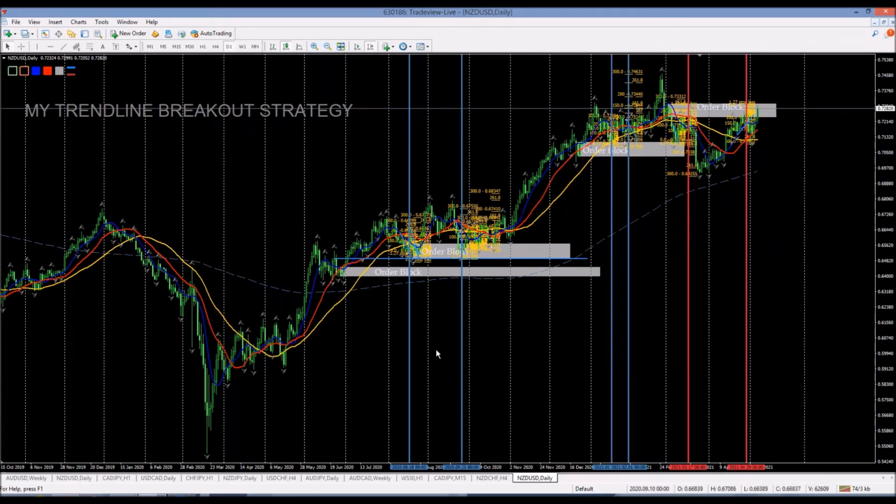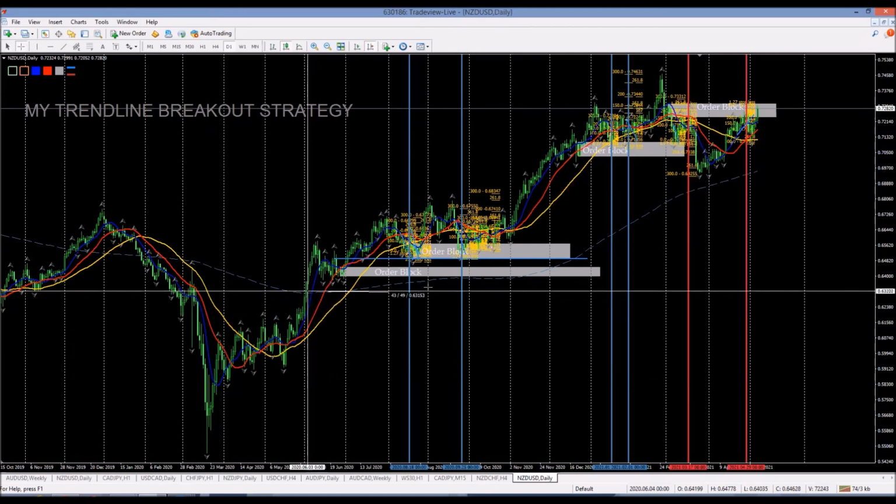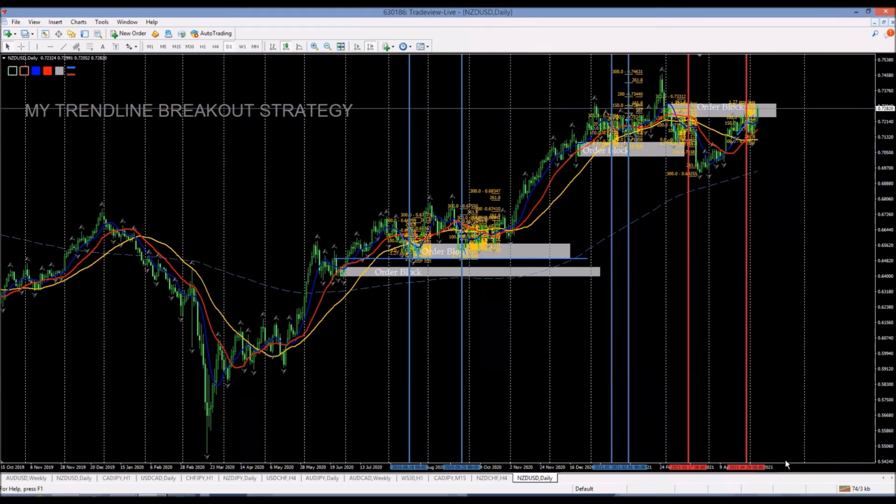Another clue, by the way, here's a 200 period moving average. You can go back through multiple charts and check how often price doesn't touch a 200 period average in all this time. This is the daily chart: 1, 2, 3, 4, 5, 6, 7, 8, 9, 11 months from August, 11 months without touching, from June, we're in May now, so nearly 12 months without touching the 200 period moving average.